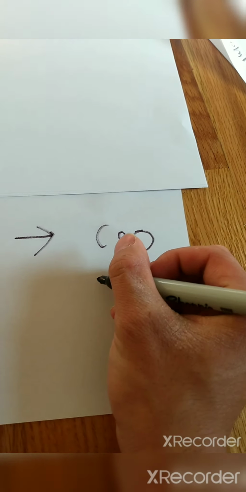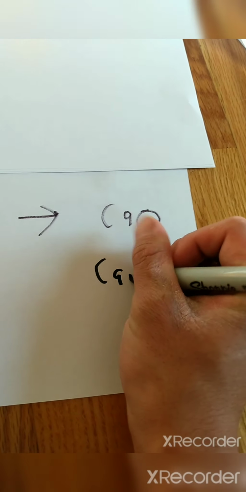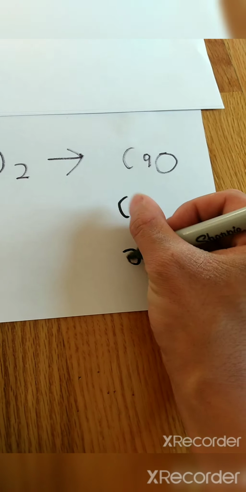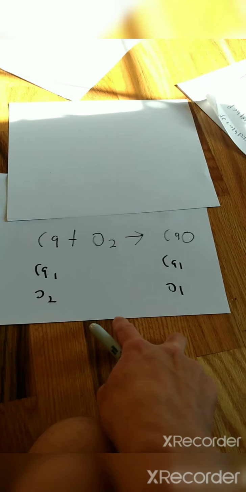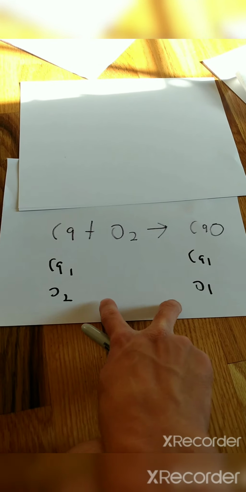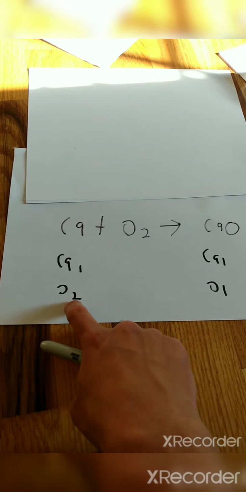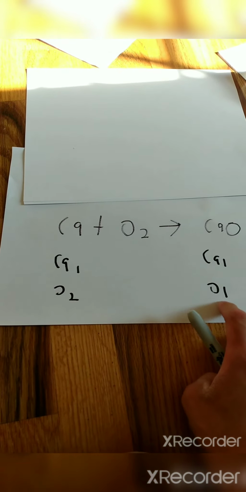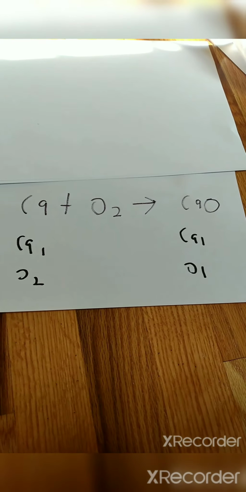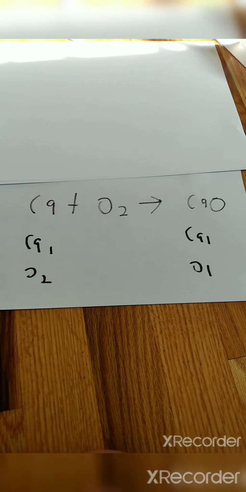So the problem is calcium on this side has 1 atom, and oxygen has only 1 atom as well. There's an imbalanced number of atoms. Oxygen has 2 on this side, and oxygen on this side only has 1. This side is unbalanced.